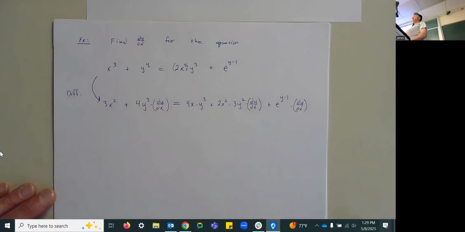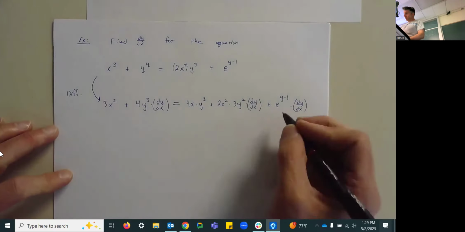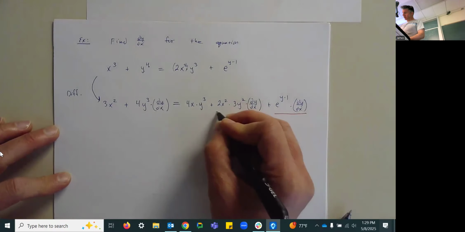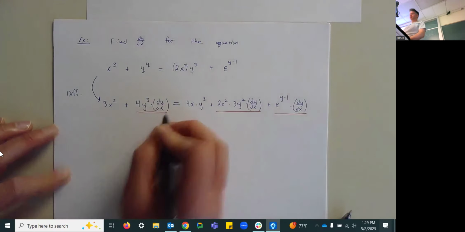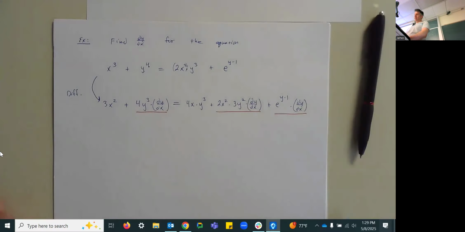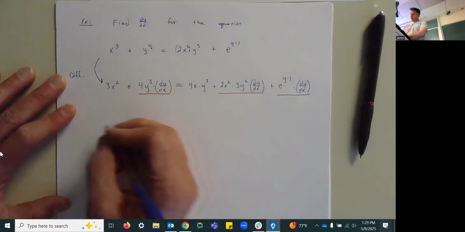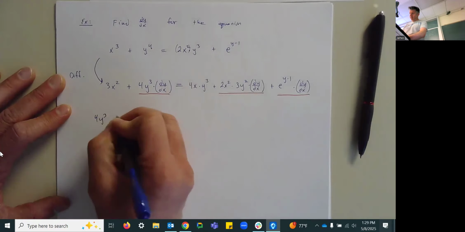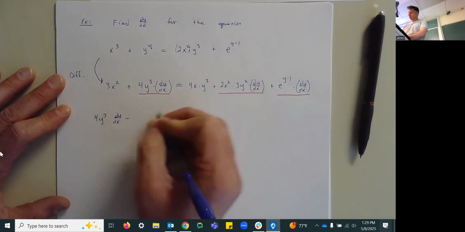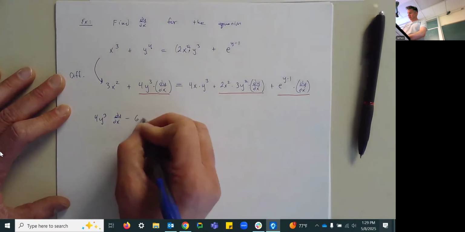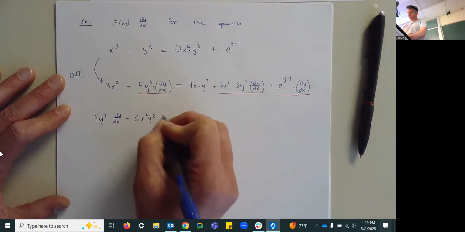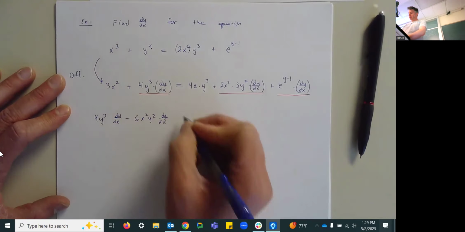And now, after we've done this first step, the rest of this is algebra. We have to collect all the dy dx terms on one side and everything else on the other side. So we're going to write this as 4y cubed times dy dx minus 6x squared y squared times dy dx. Yes, I did some simplifying there.